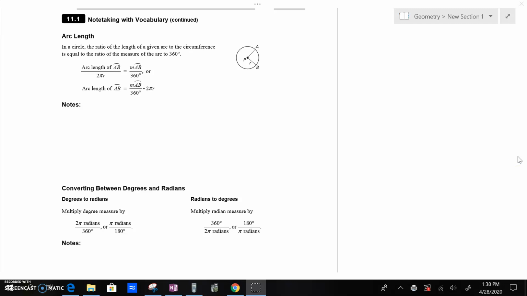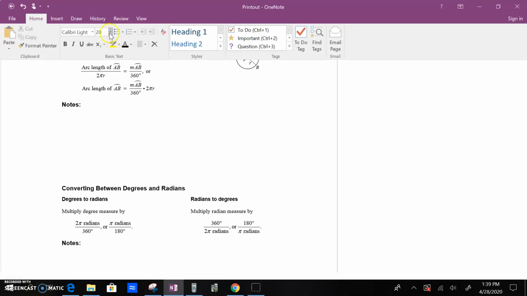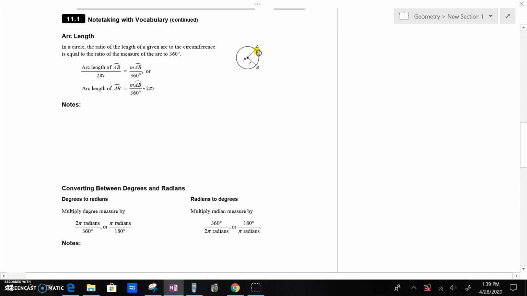So we just talked about circumference, and now we're going to talk about arc length specifically. So when we're looking at a circle, you can find the distance around the entire outside. So the entire outside is the circumference. So the circumference is the whole way around. Or, we can just do a piece of it.